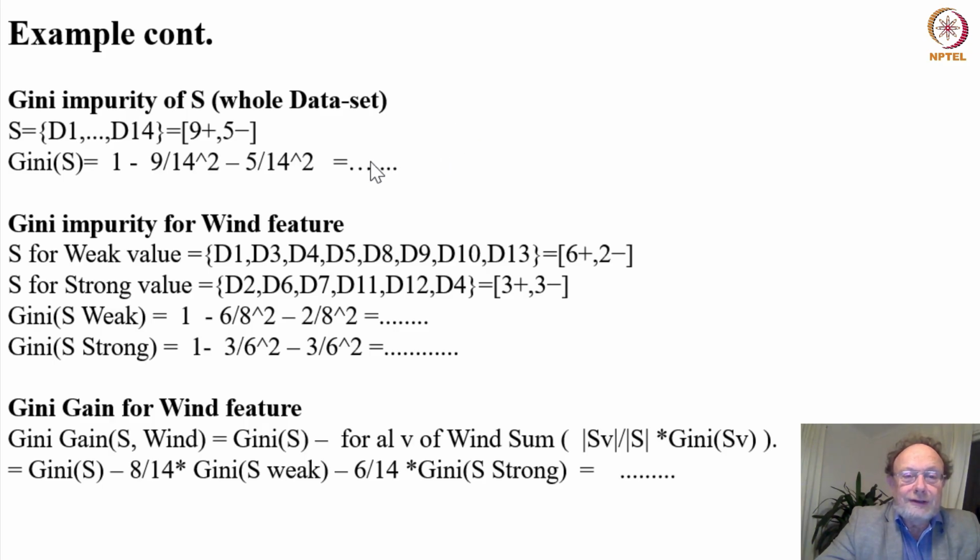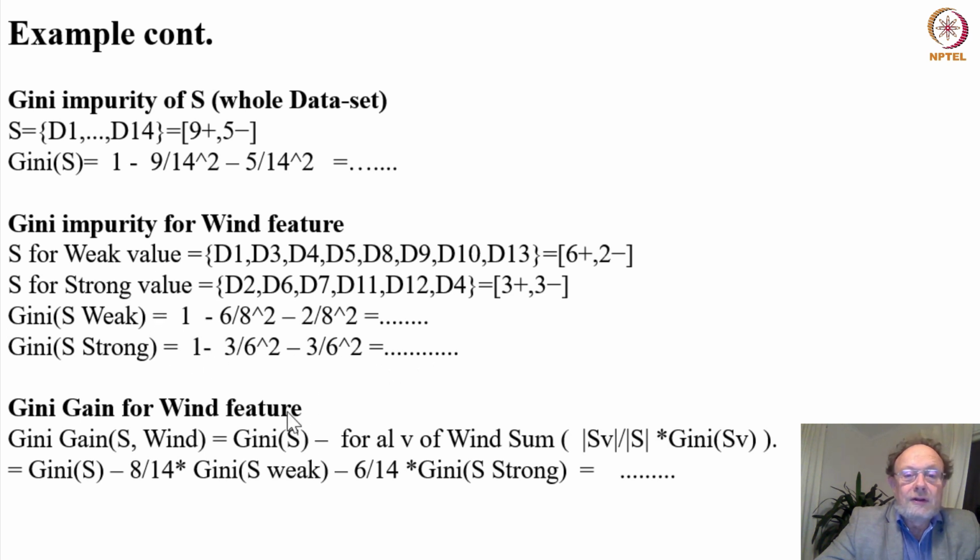Instead of calculating the entropy of S, you have to calculate the Gini impurity of S with another definition. And then, of course, you also have to calculate the Gini impurities instead of the entropies for the subsets of the original set based on the feature values.